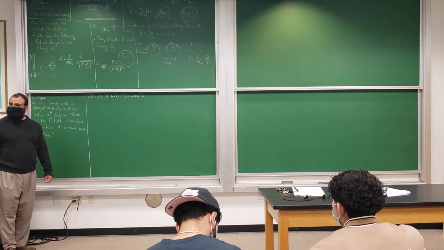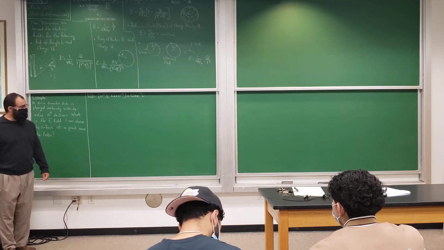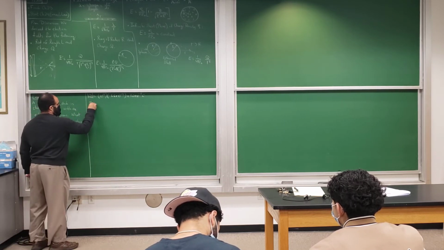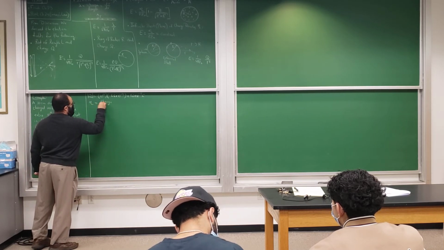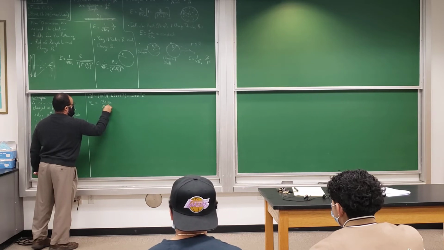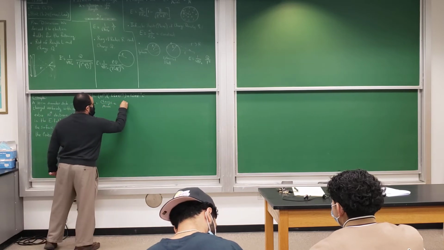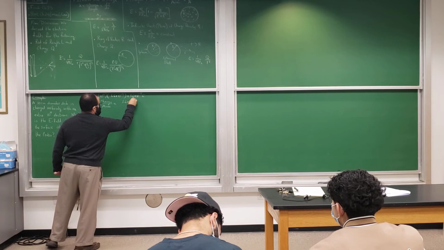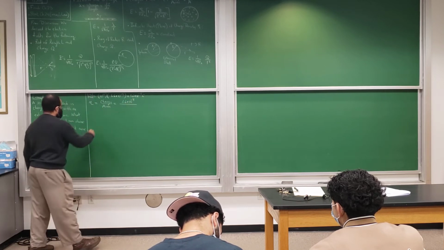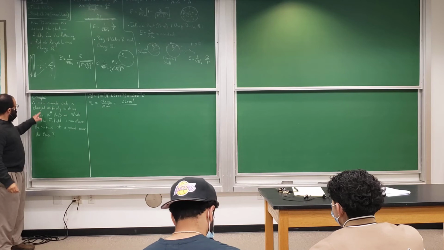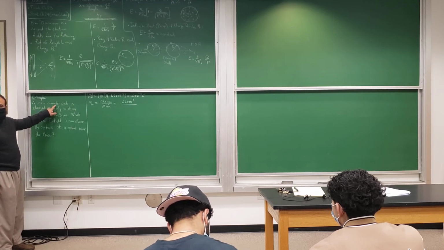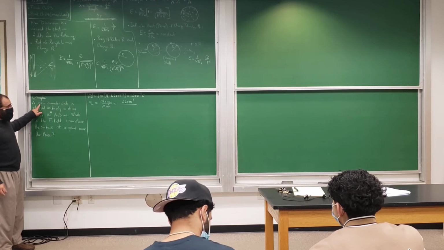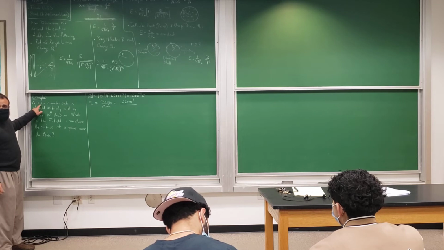Next, I need to calculate eta. Eta is the charge density, the charge over area. The charge is 1.6 times 10 to the minus 8 divided by the area. It's a disk of diameter 10 centimeters, so divide that by 2 to get the radius. So the area is pi r squared, since it's a disk.